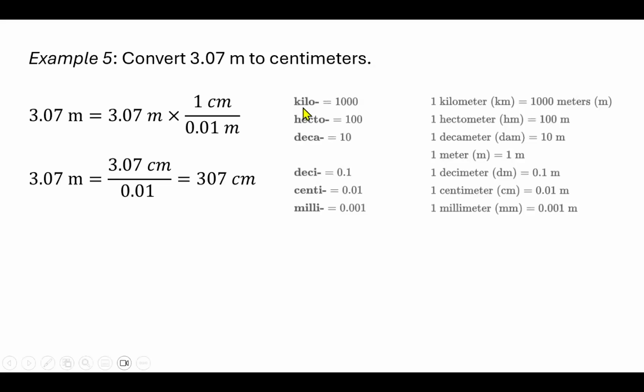So these are words that you put, or prefixes that you put just before your unit. So kilo represents 1,000 of the unit. Hecto would be 100 of that unit. Deca is 10 times that unit. Deci is actually 1/10 of the unit. Centi is 1/100th of the unit, and milli is 1/1,000 of that unit. And so if I put the word meter right following kilo, 1 kilometer would be 1,000 meters.